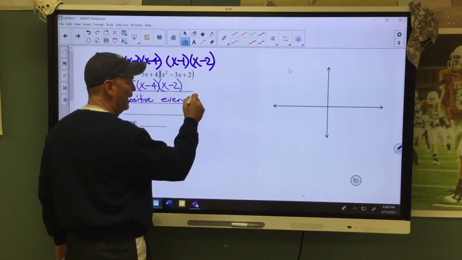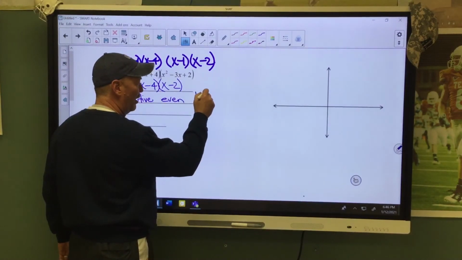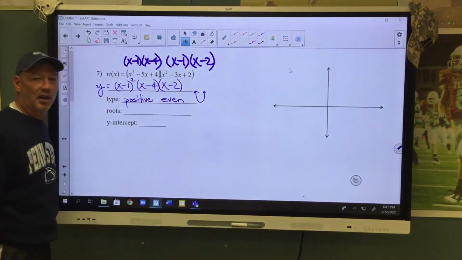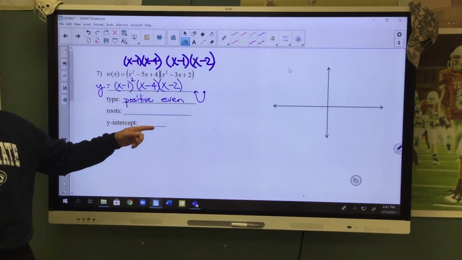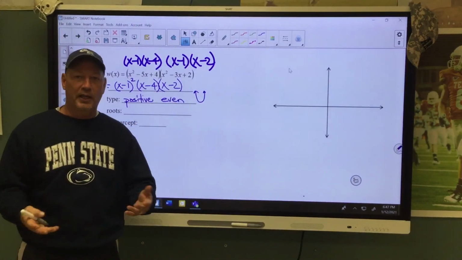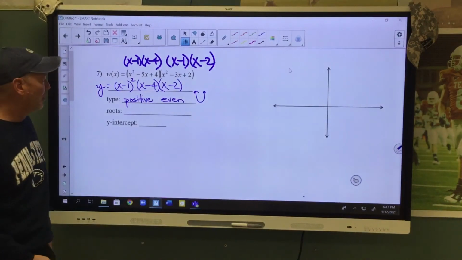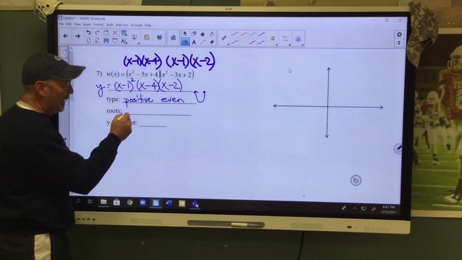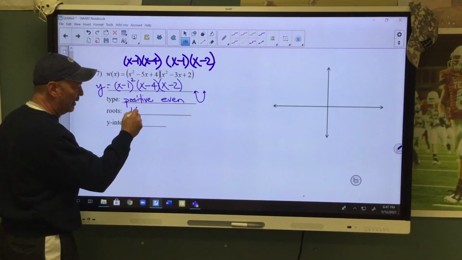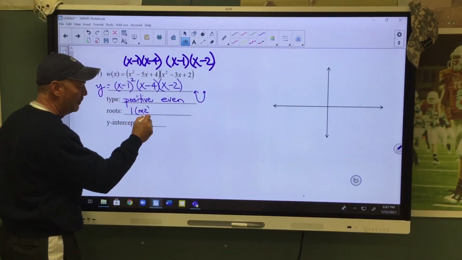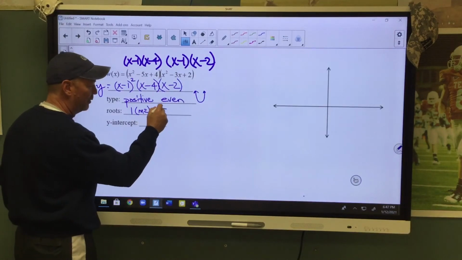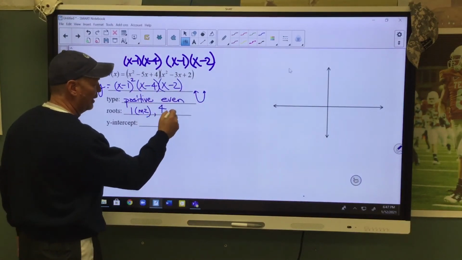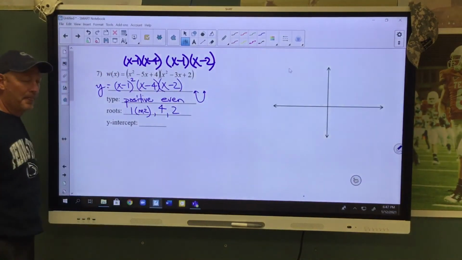And if we're positive even, that means I start upward and I finish upward. Okay? My roots, we're going to do this the quick way, okay? Because we've been doing a couple of problems. This is going to give me a 1, M2. This will give me a 4. This is going to give me a positive 2.